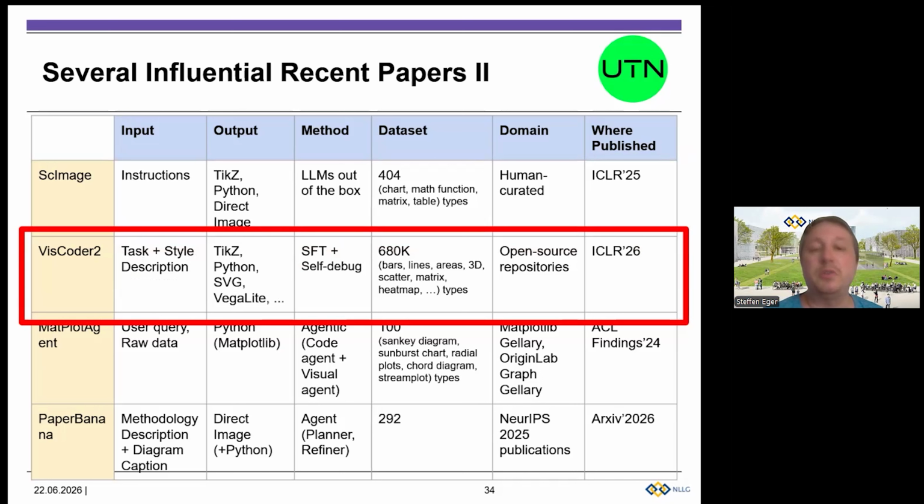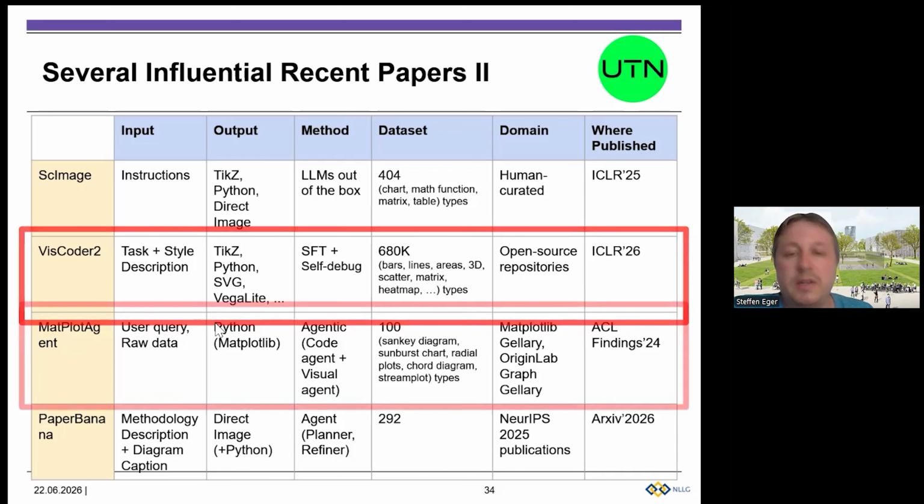You tell it, here's the output that you produced. Here's also the compiler feedback. Maybe you can produce a better version based on the compiler feedback and also the code that you just see. They collected a relatively large data set of 680,000 pairs of code and textual description sourced from open source repositories.